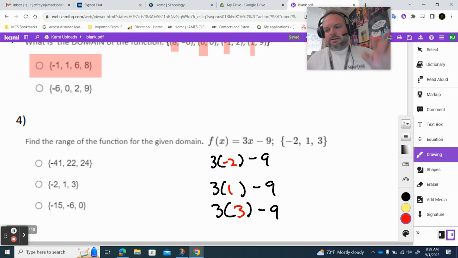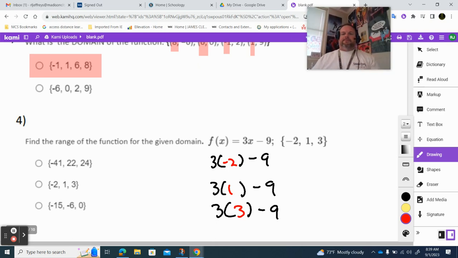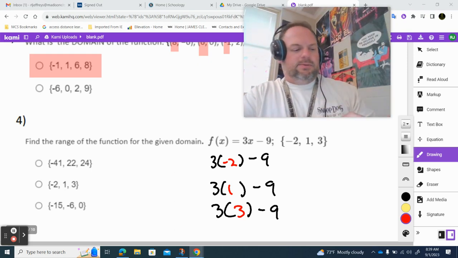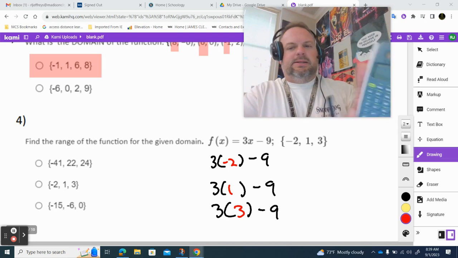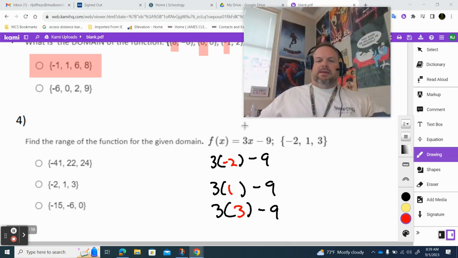Somebody stole my calculator. No, it's hiding. There we go. So 3 parentheses -2 minus 9. And we get -15.